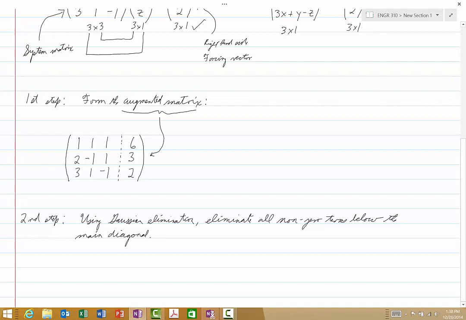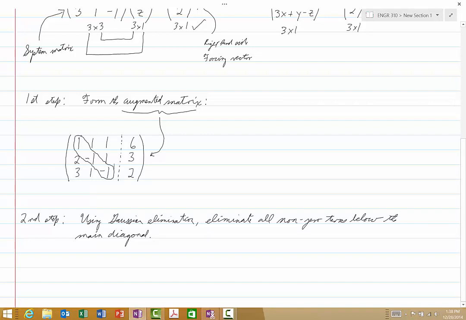Now, first of all, what is the main diagonal? Well, if you start in the upper left-hand corner of your matrix and then just go down diagonally, you get the main diagonal. So in this case, for this matrix, our main diagonal is right there.